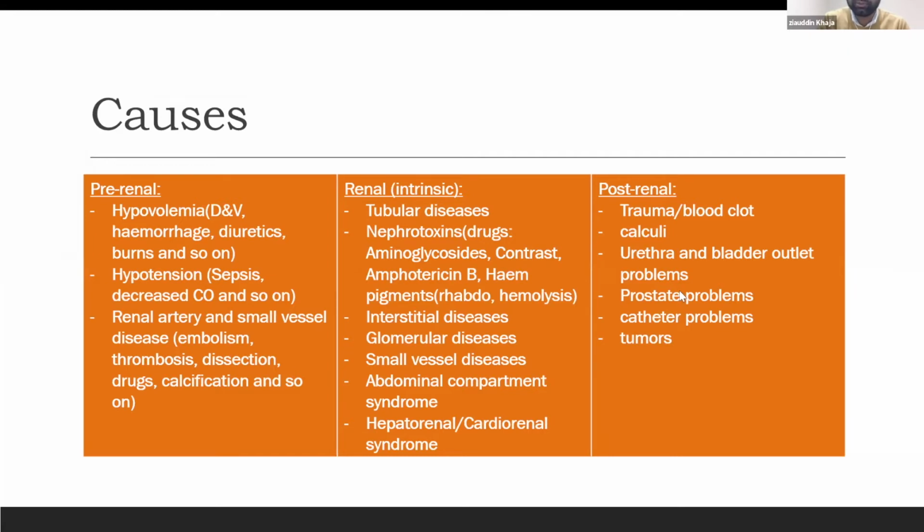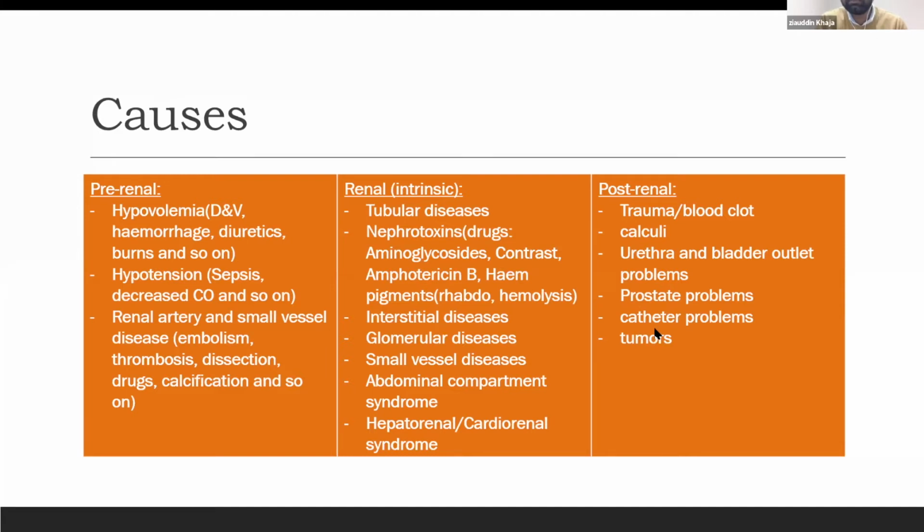And then post-renal, this again is something that we see more in ED. Somebody coming with trauma, and especially kidney injury, actual injury to the kidney itself. And then any blood clots or calculi, and any urethra or bladder problems, and prostate problems as well.